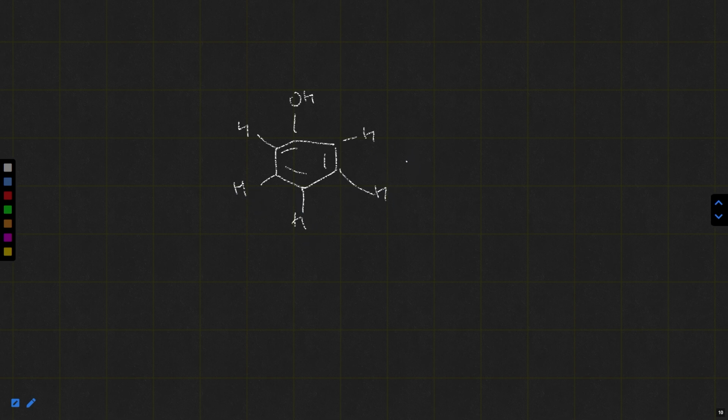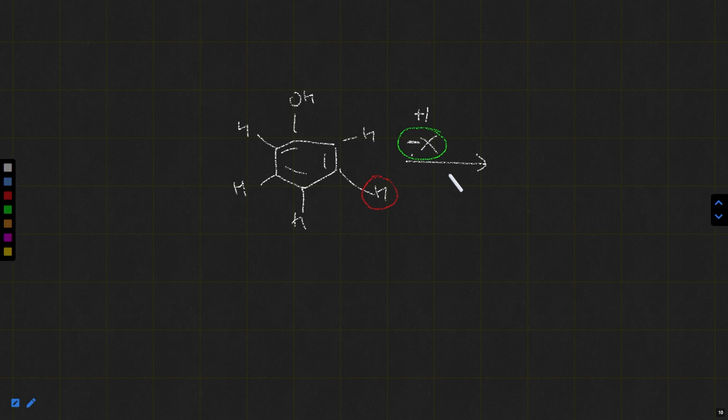Now, what is substituted? Suppose we have a group X which has a valency of 1. It does not mean a negative sign; it means that it can form one bond.